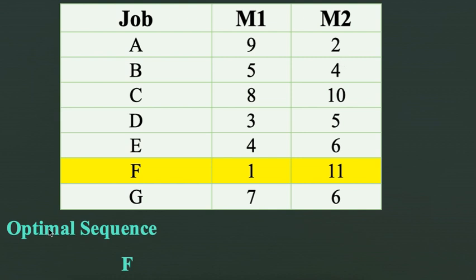Now if we have this sequence here, optimal sequence, we have started with F. Now at the end we are going to schedule this job, that is job A. So it should be scheduled where? It should be scheduled at the end of the sequence, right? So let us schedule it at the end of the sequence, that is here A. Now we are going to color this job A also.